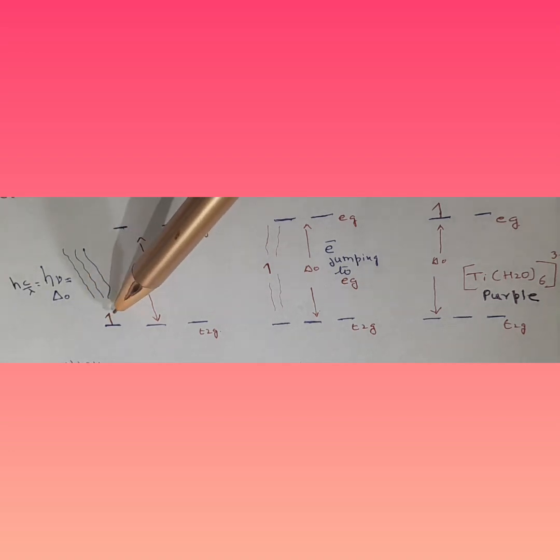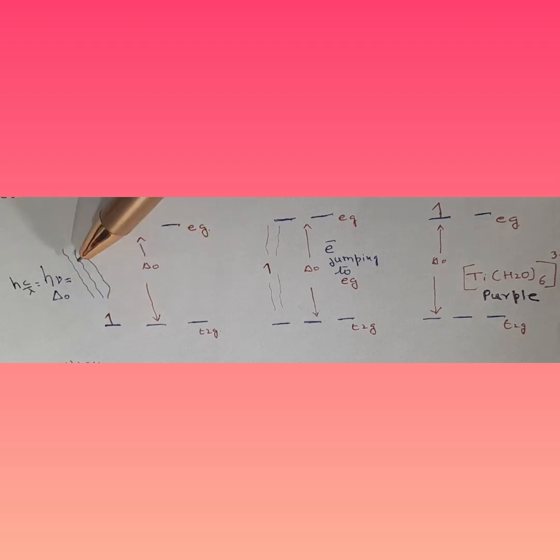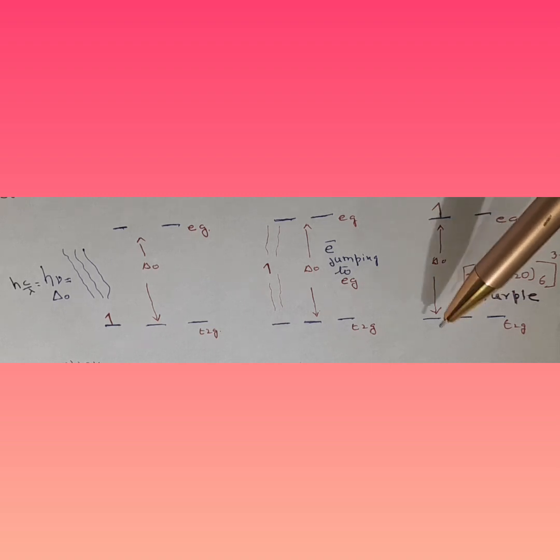So this electron picks up the desired wavelength of desired energy and jumps from t2g to eg level, and here it has jumped. While doing so, it has picked up one wavelength of desired energy for letting it jump from here to here.